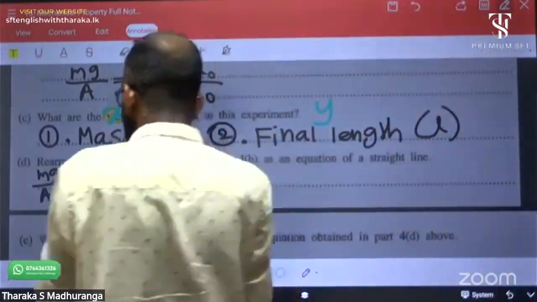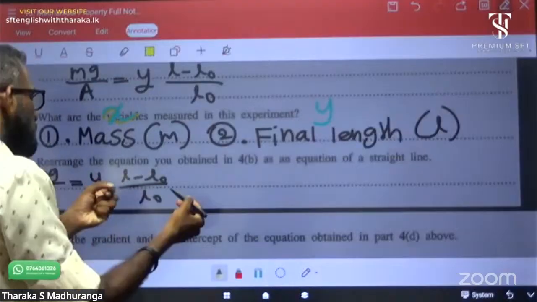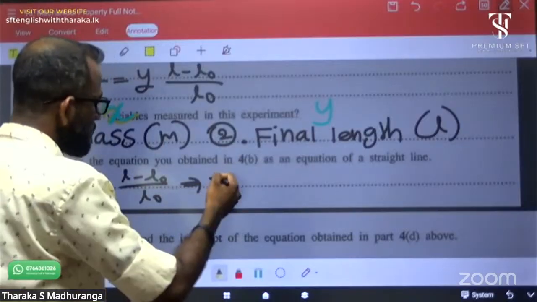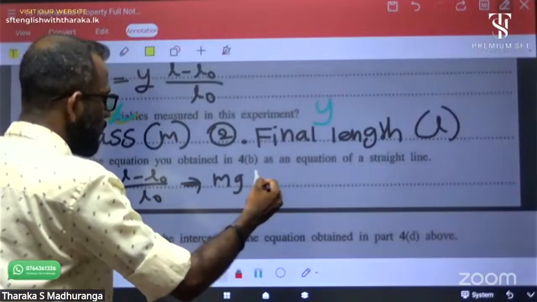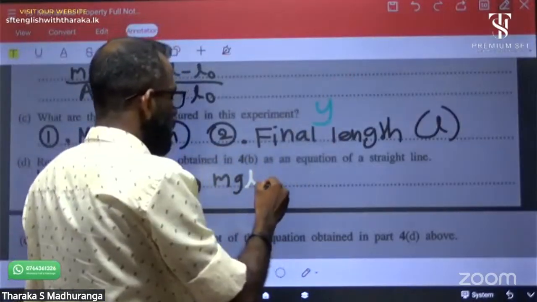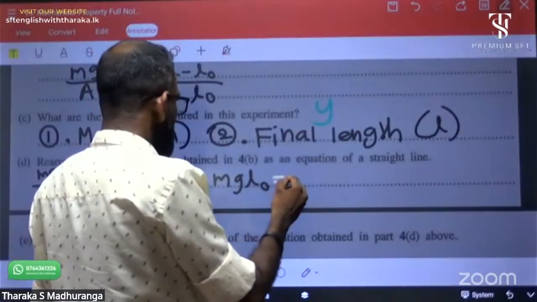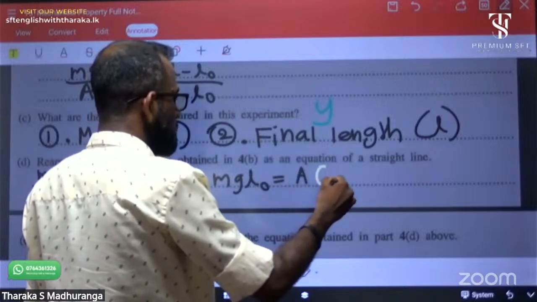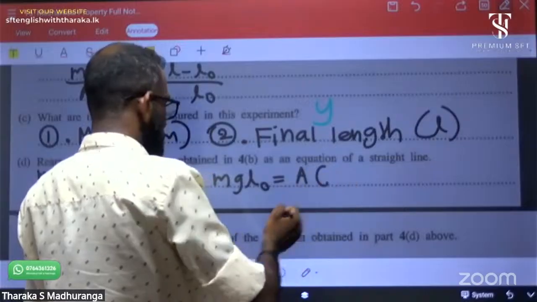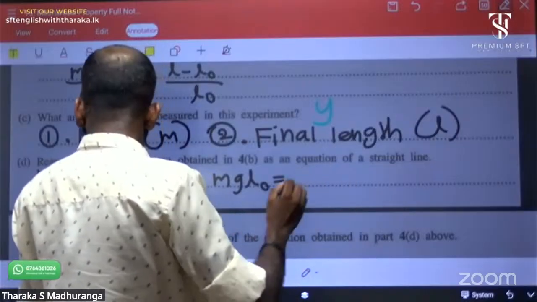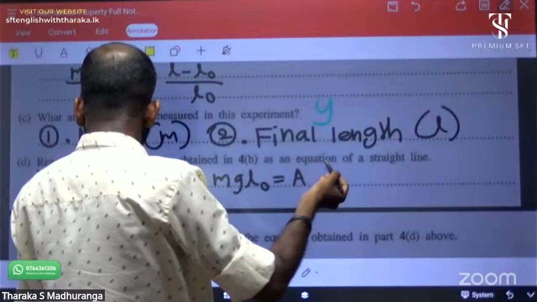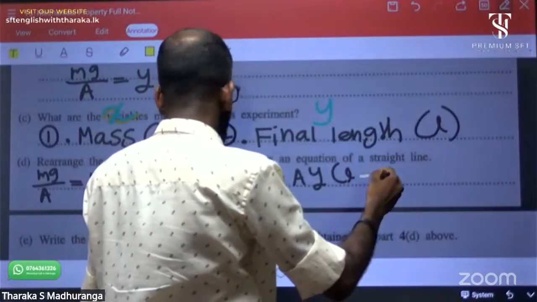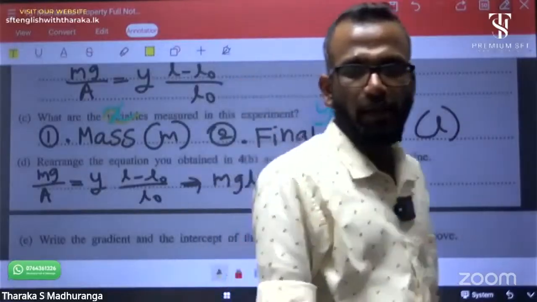Before the calculation, I am going to cross multiply this, then it is easy. mgL naught equals A times Young's modulus times L minus L naught.